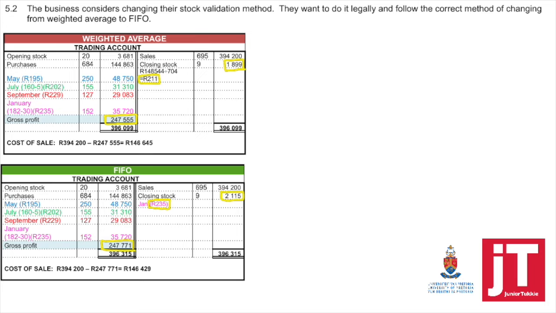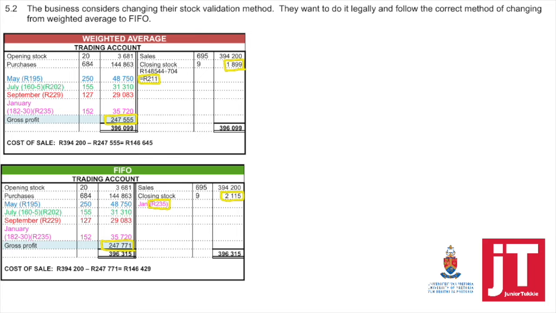So that's the reason why there's a difference. This is the weighted average price. FIFO, my most recent prices. So it's more realistic. This is why the closing stock balances are different.